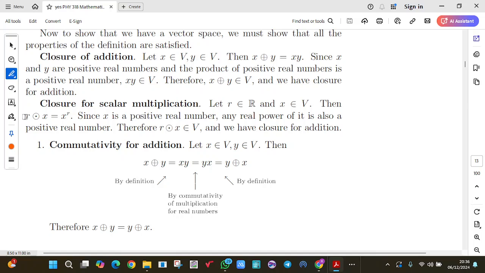Therefore, we define our r dot x to be x to the power r. This is the definition: x to the power of r. Correct. It therefore implies that since x is a positive real number, any real power of it is also a real number. Is it true or false?